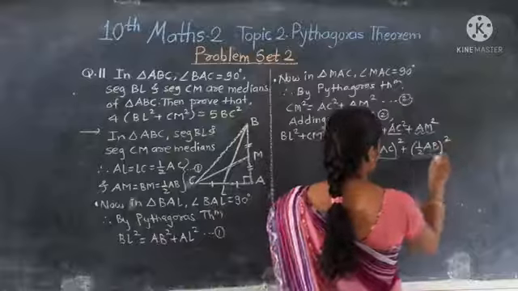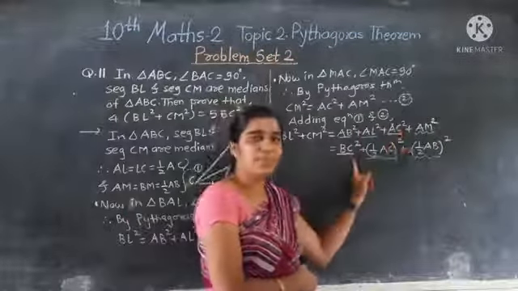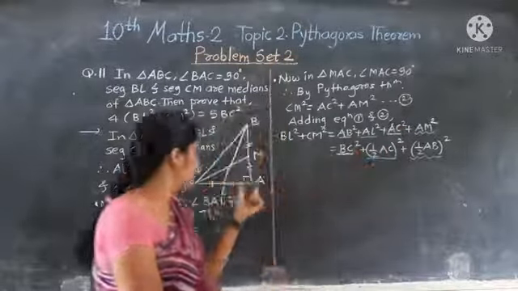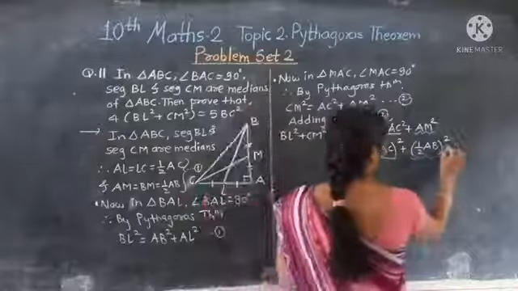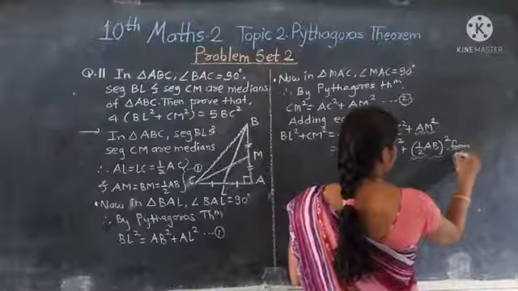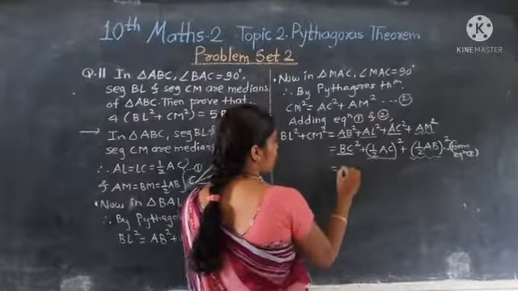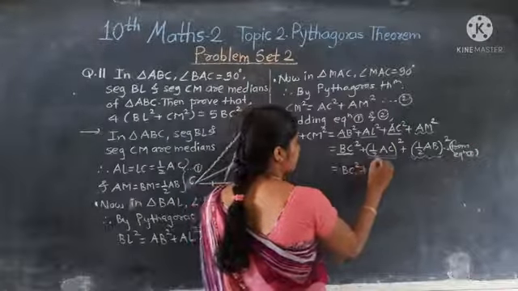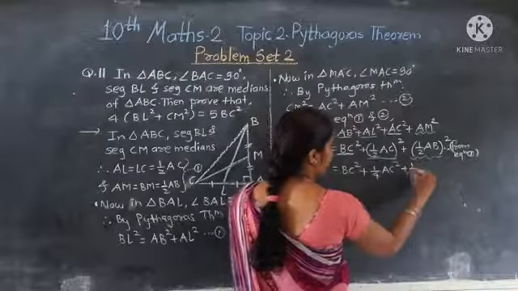Understand? AB square plus AC square is BC square. AL is half of AC and AM is half of AB. You write this from equation first. Okay, so we get BC square plus 1 by 4 AC square plus 1 by 4 AB square.